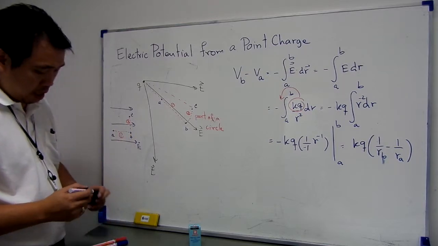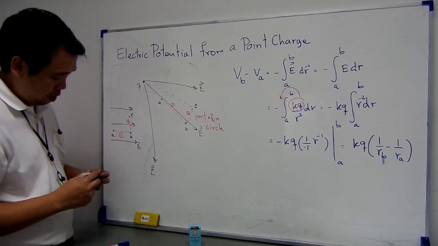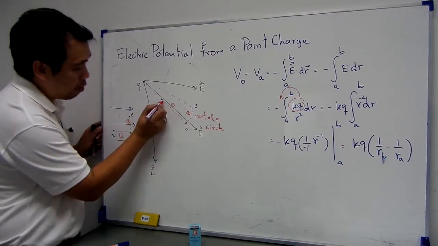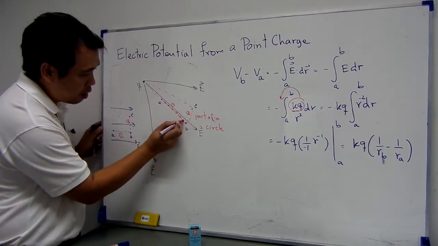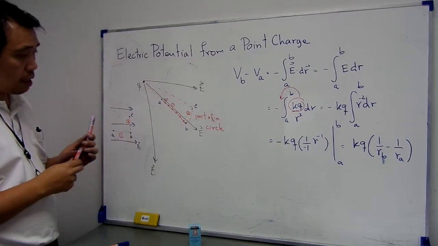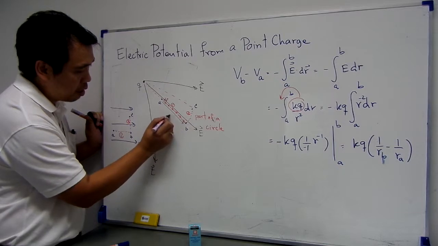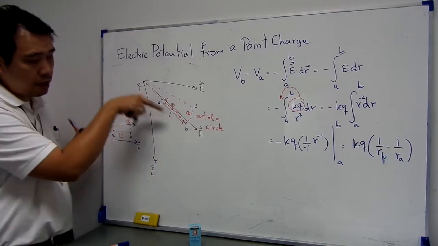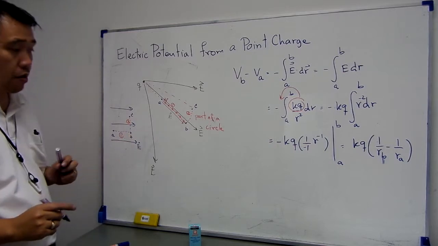In the first part, if you write down the displacement vector dr like this, you can see that dr is parallel to E because dr points in the radial direction and E points in the radial direction also.